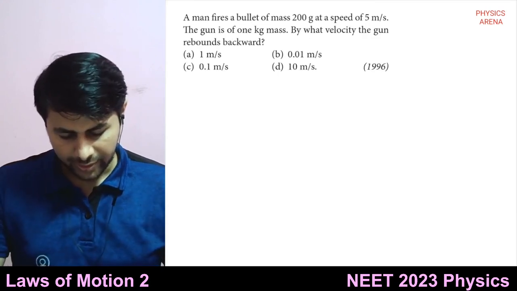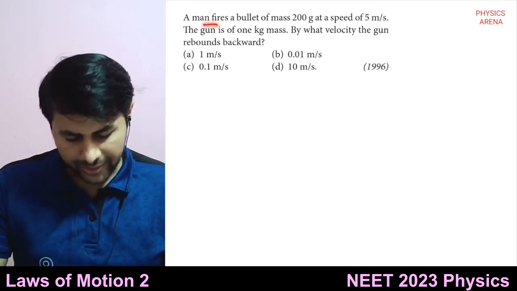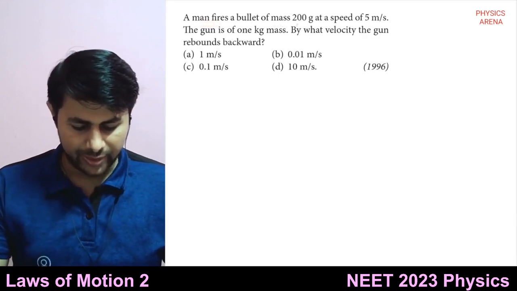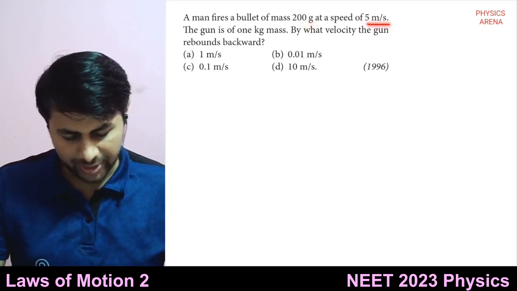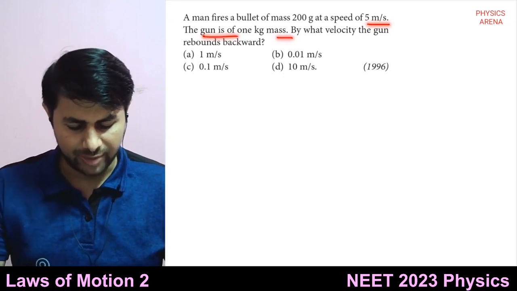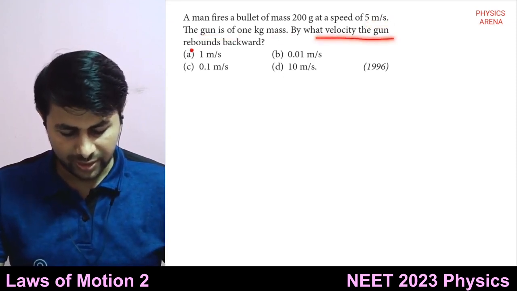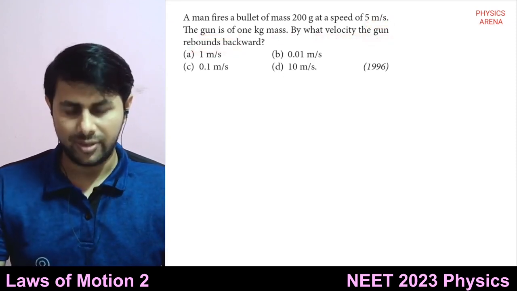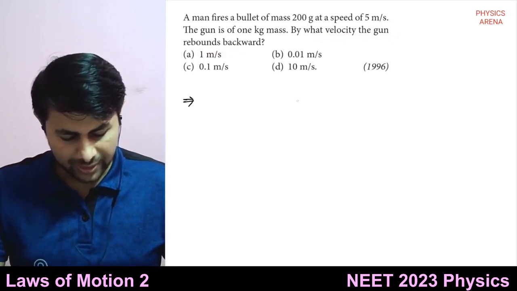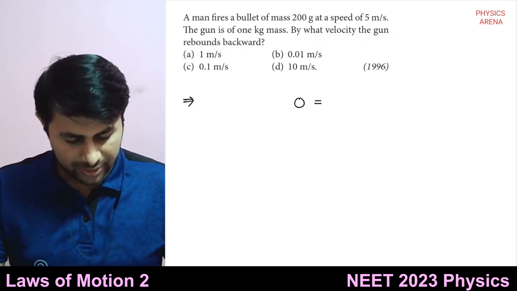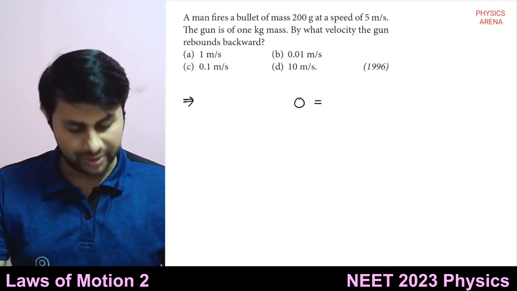Next one. A man fires a bullet of mass 200 grams at a speed of 5 meters per second. The gun is of 1 kg mass. By what velocity does the gun rebound backward? This is very simple. Total momentum before firing is 0, equal to total momentum after firing.